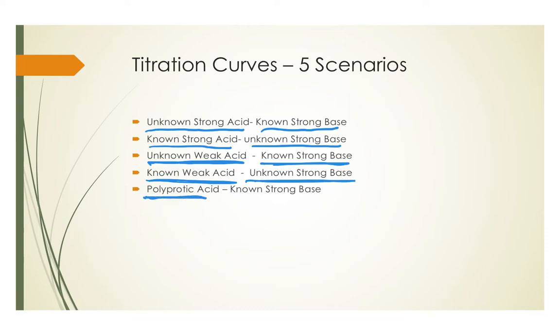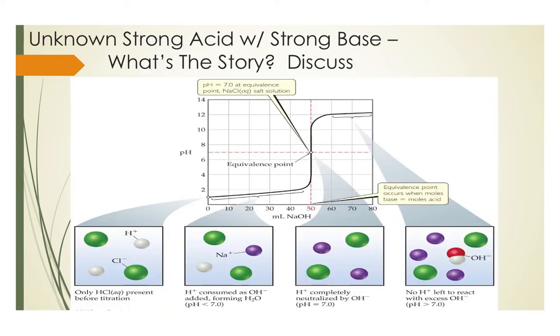And then last but not least, polyprotic acids being titrated with a known strong base. We can also have weak bases being titrated, and that's essentially the opposite of the scenarios with the weak acids.